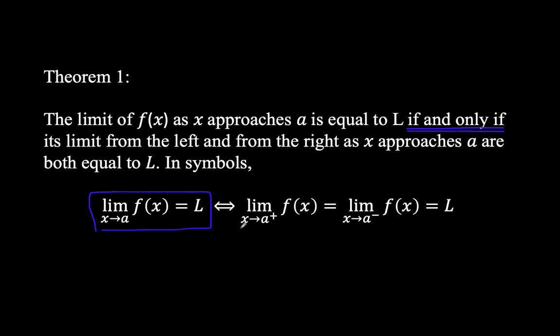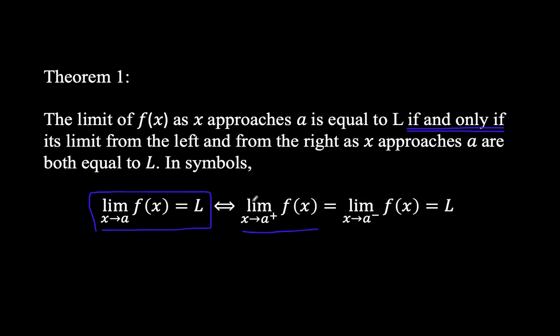Now, how do we use that? We can find the limit of a certain function as x approaches a if we find the limits of the given function at a from the left and from the right to be equal.